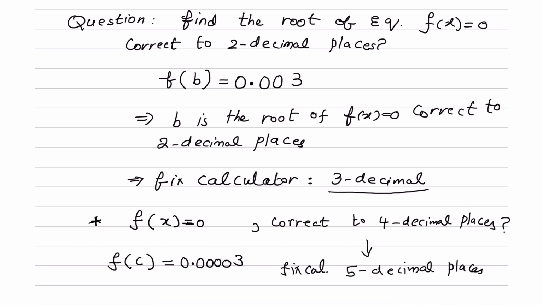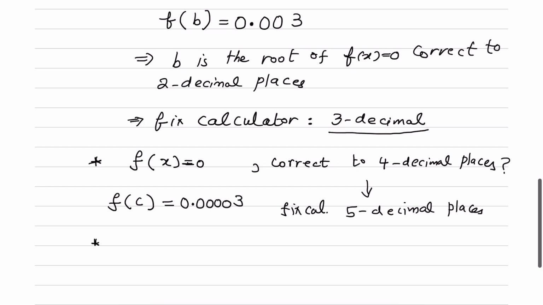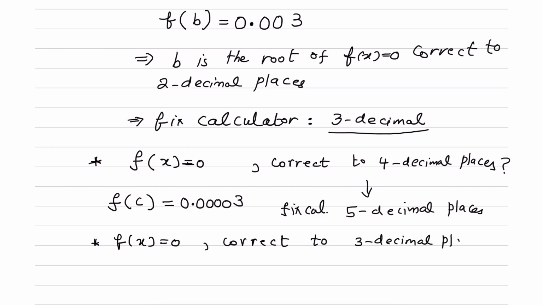So for this reason, whenever you have to find the root correct to let's say 3 decimal places, you will be fixing your calculator 1 decimal up. That means you will be fixing your calculator up to 4 decimal places and you will be looking for 3 zeros. And let's say you have to find the root correct to 3 decimal places.